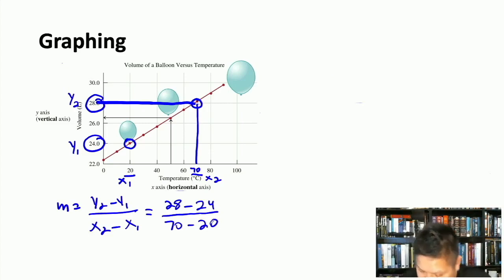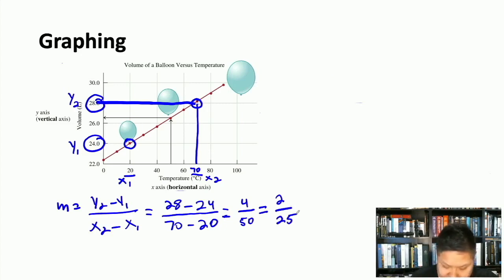And that will give us our slope. So this is just easy arithmetic here, right? 28 minus 24 gives us 4, and then 70 minus 20 gives us 50. So that is 4/50. Let's reduce that a little bit. If we reduce that down, that becomes 2/25.